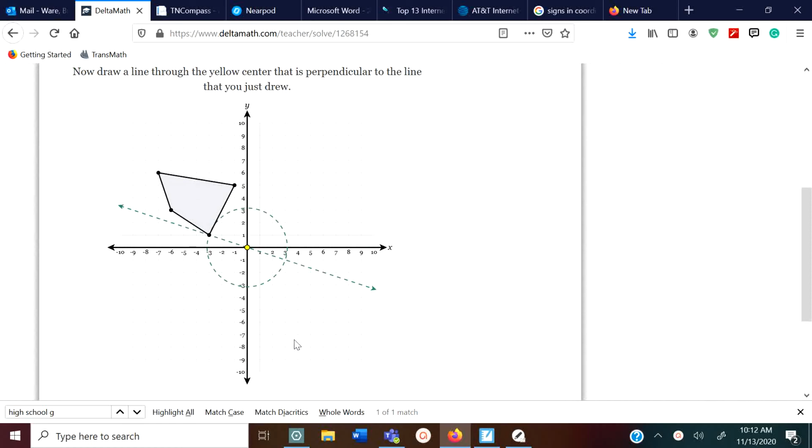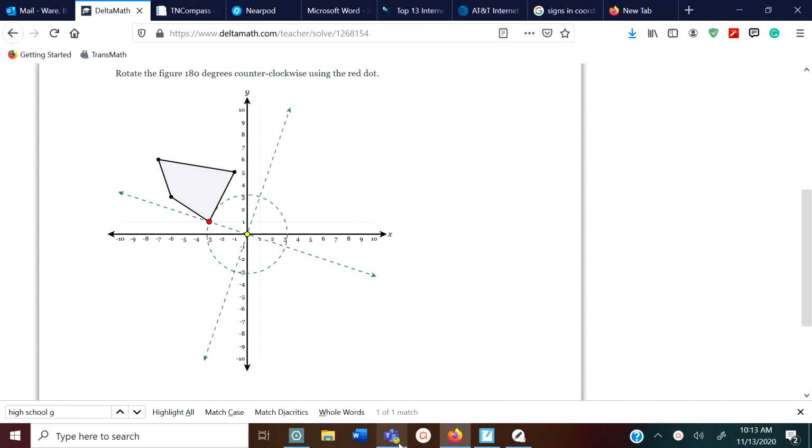On this one I'm going to be pretty smart because I can see the slope. The slope here is negative, let's see, up 1 and back 3, negative 1 over 3. So I'm going to go positive 3 over 1. Go up 3 and go over 1. Boom. Perpendicular.